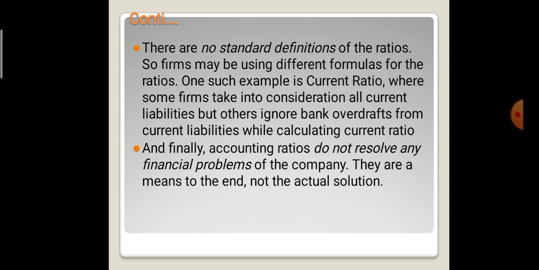Apart from the ratios not being uniformly defined, there is also a lot of difference in opinion of what should be the ideal ratios. Is a debt equity ratio of 2:1 uniformly acceptable to all analysts? Will the message interpreted from a current ratio of 3:1 be uniform across analysts? So like this, it is one of the limitations.